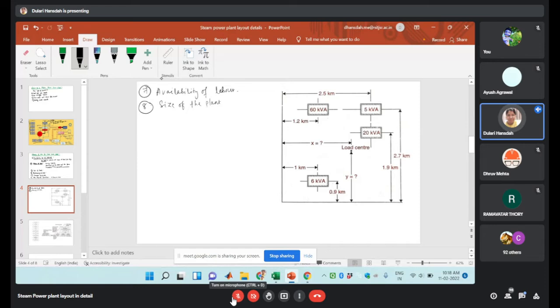So size of the plant means generally we are having the small capacity plant, medium capacity plant, and large capacity plant. Small capacity plant means there we are having a minimum of two units or two equipments to generate the electricity.